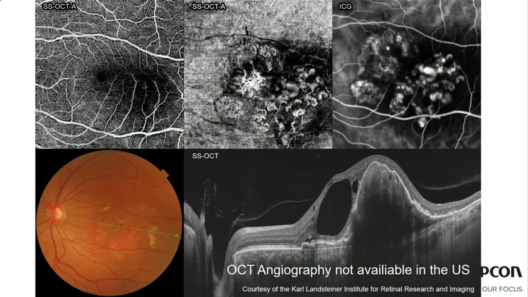So here you see the polyps in the OCTA, and here you can compare it to the ICG. You see every single polyp in the OCTA that you see in the ICG. Again, not available in the US, I have to keep saying that. But here you can see how much penetration we can actually get through the RPE using this technology.